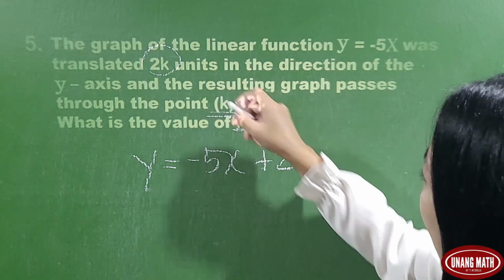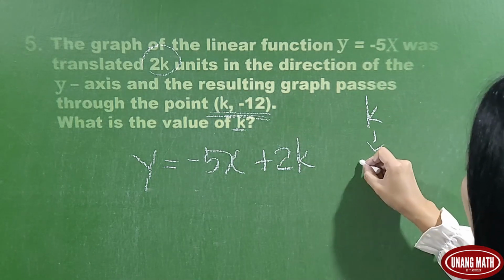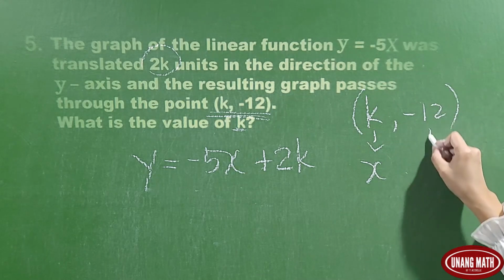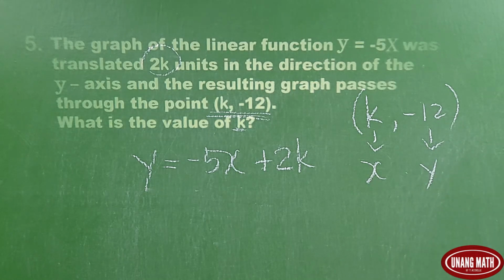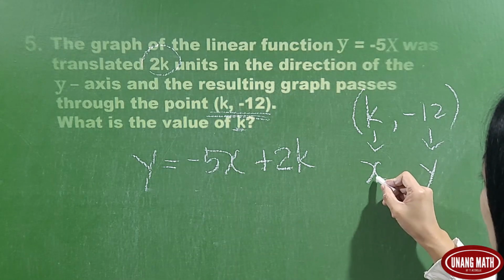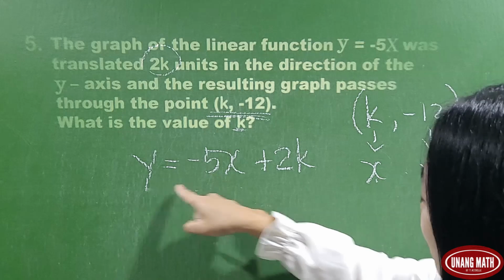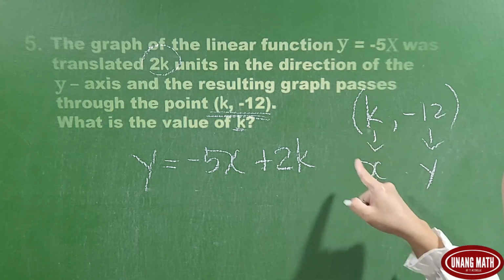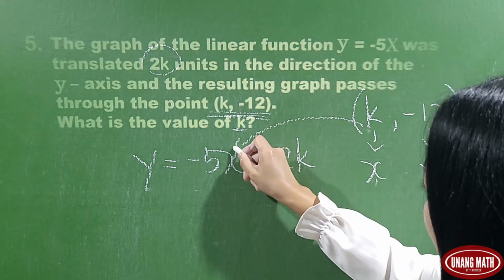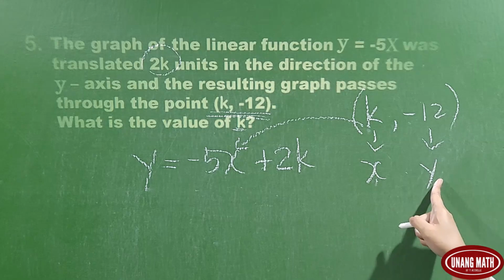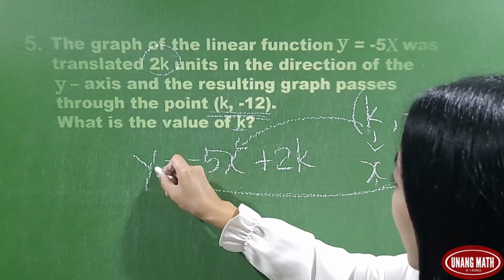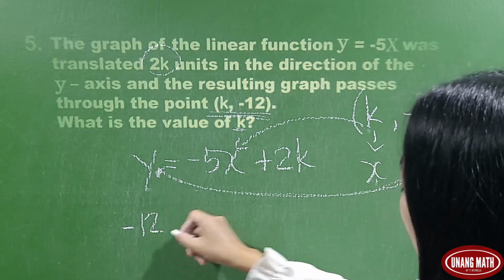So k is our x coordinate, and -12 is our y coordinate. To find the value of k, we substitute these values in this function. K is here, and -12 is here.